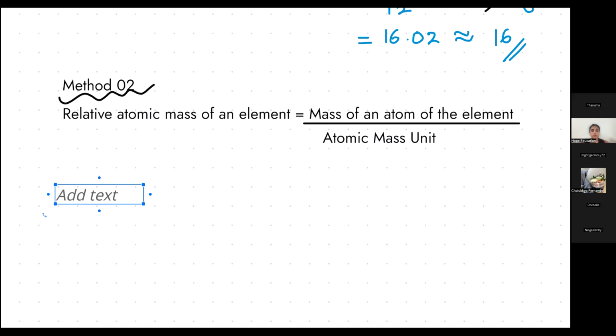Mass of a sodium atom is 3.819 into 10 to the power minus 23 grams.